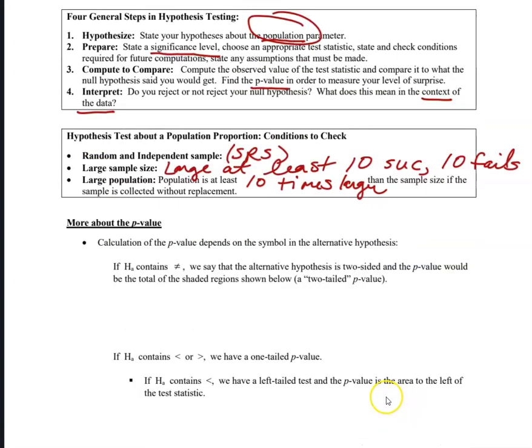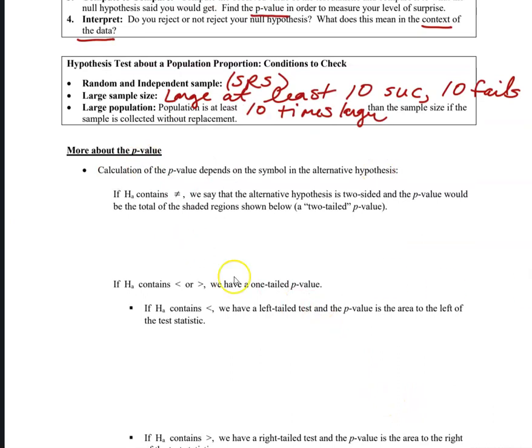A little bit more information here about the p-value. The calculation of that p-value depends on how the alternative hypothesis is written. If it's a two-sided hypothesis test, in other words, if your alternative hypothesis is p is not equal to p-naught, that's what gives us that two-sided hypothesis test, and the p-value would be the total of the two shaded regions below.